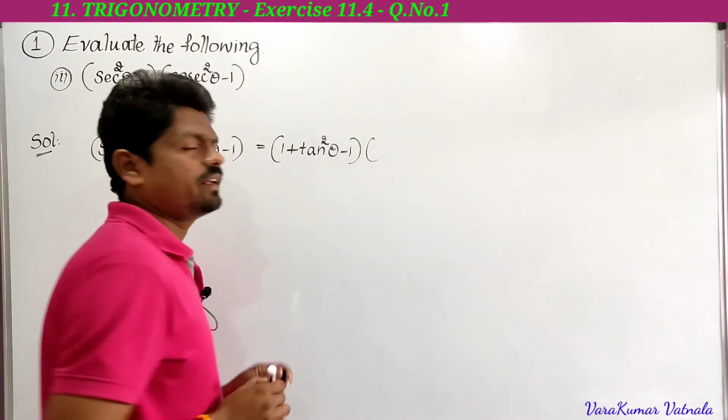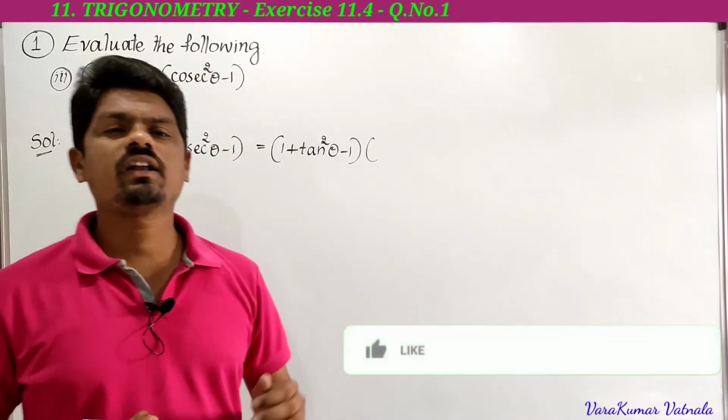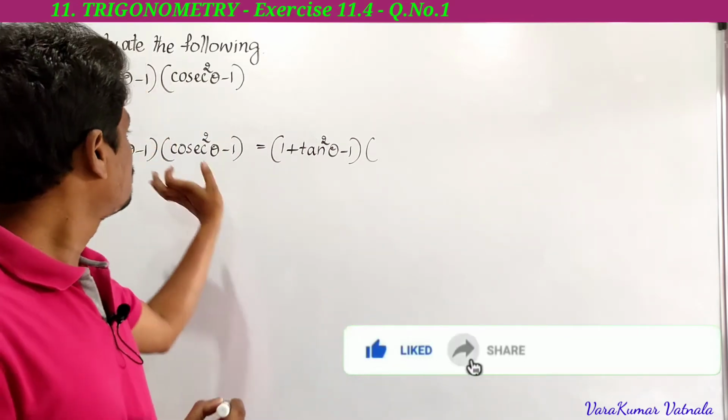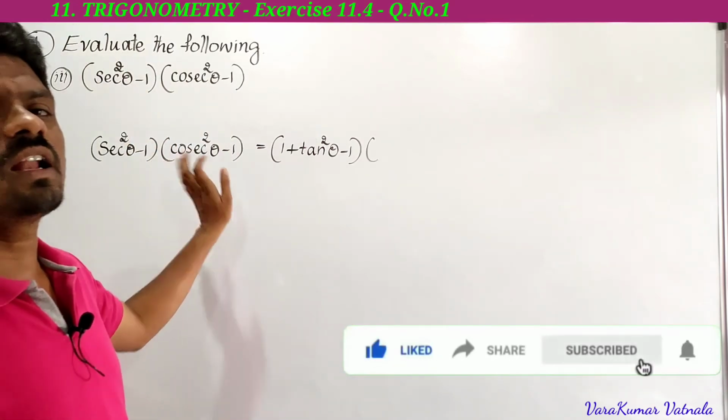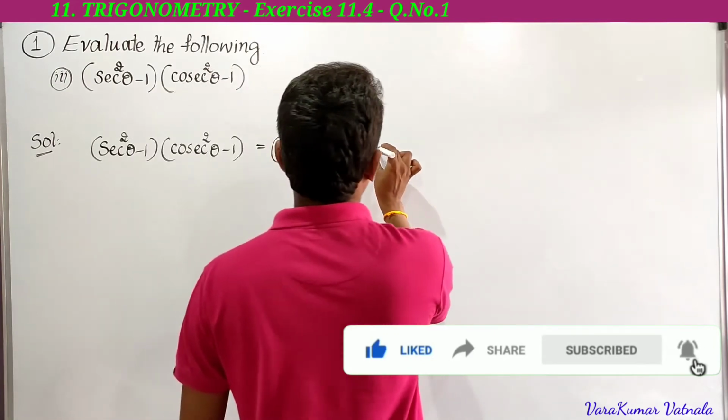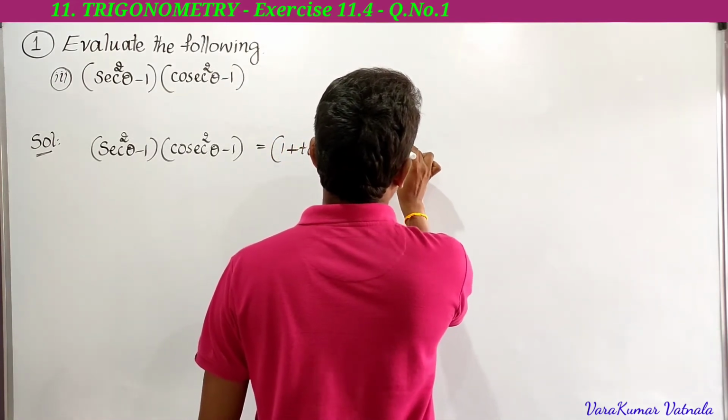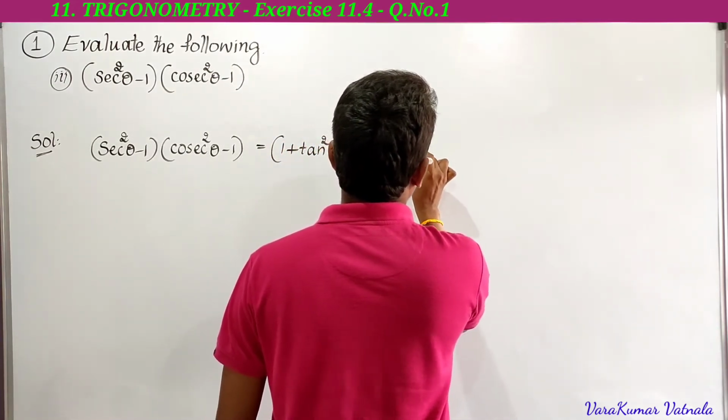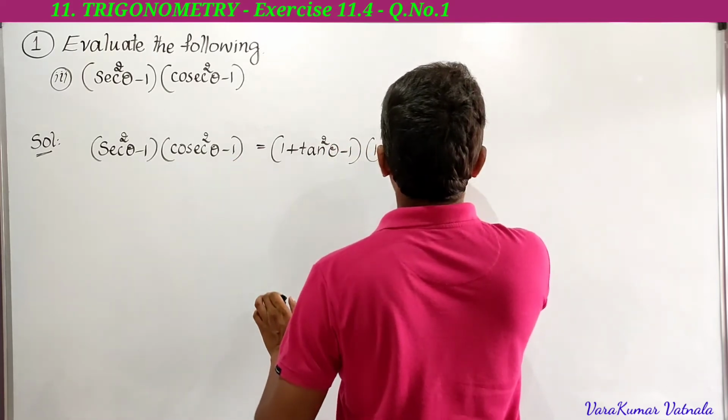So the third identity, 1 plus cot square theta equal to cosec square theta. So here cosec square theta is there. I want to write it as 1 plus cot square theta. 1 plus cot square theta. Write minus 1 as usual.